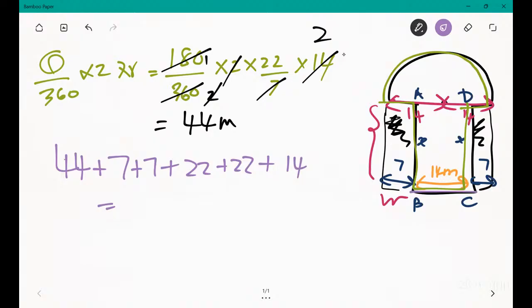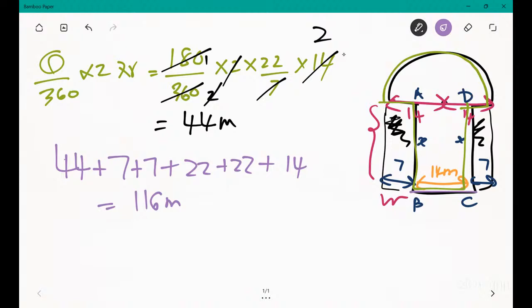So now when you add these, 44 plus 14 plus 44, you're going to get 116 meters.